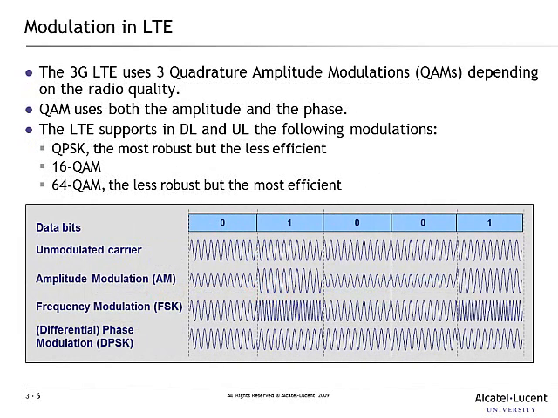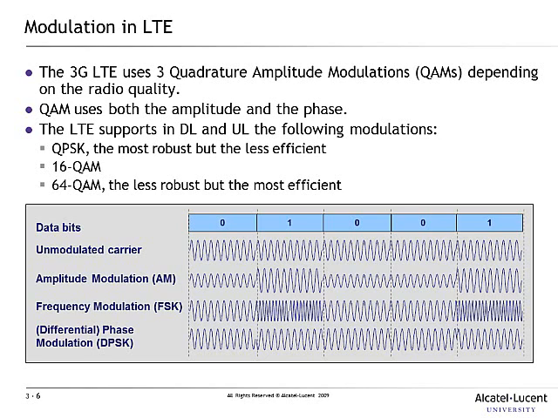Now in the case of LTE, we use quadrature amplitude modulation, or QAM, and there are 3 variations of quadrature amplitude modulation.